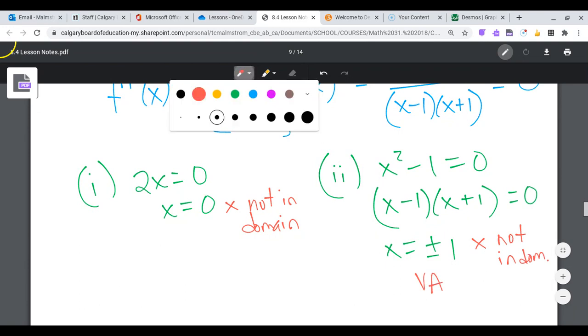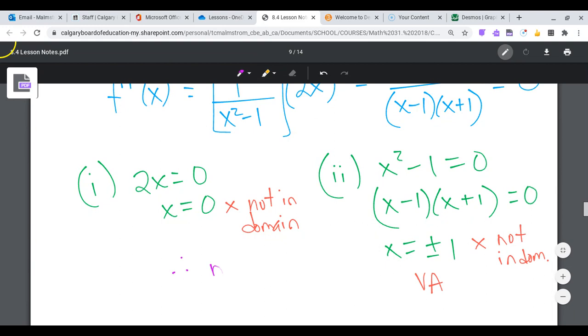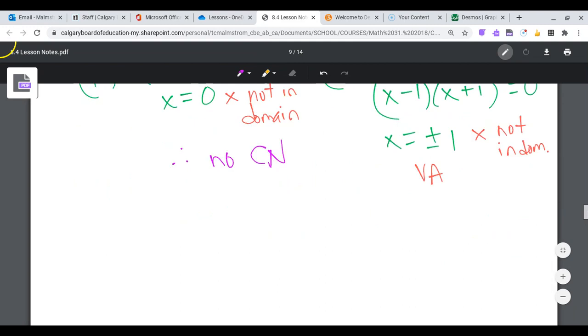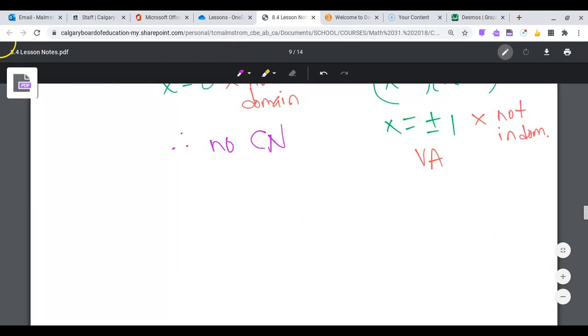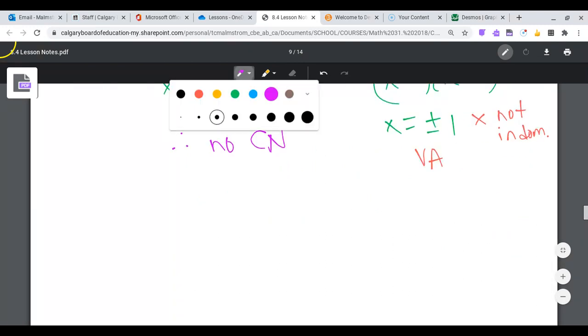So what does that mean? We have no critical numbers. However, we still need to do some analysis to see what's happening with our graph. Is it increasing or decreasing on either side of those asymptotes? Now, our limit answer probably gives us the information on that, but let's do the analysis work to confirm.